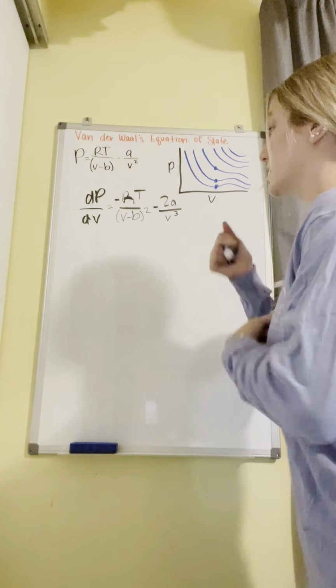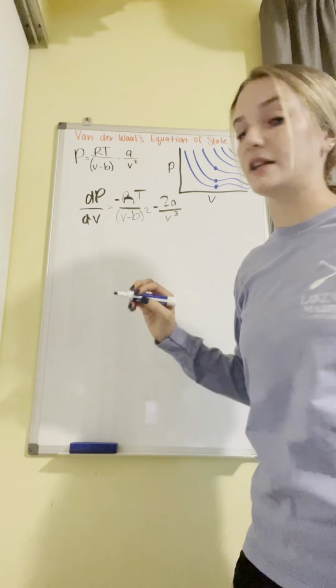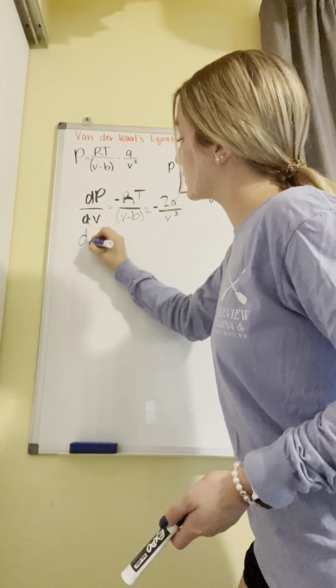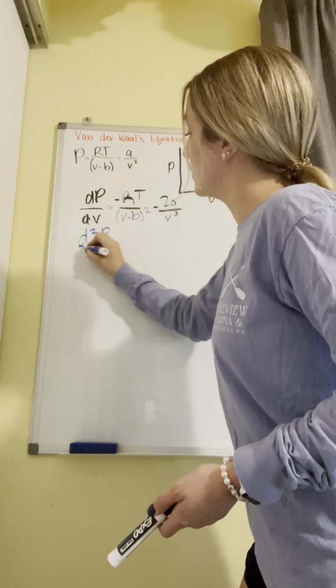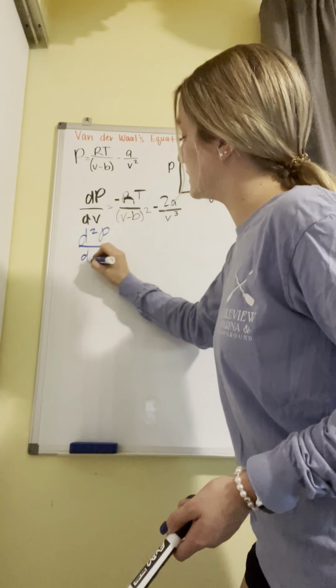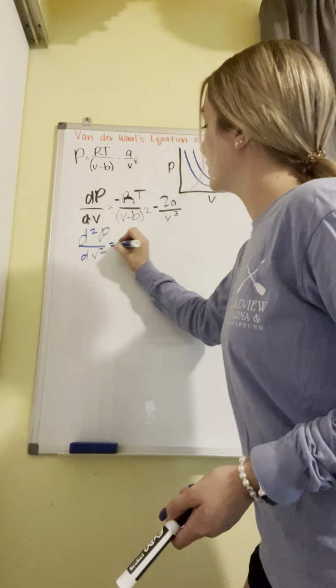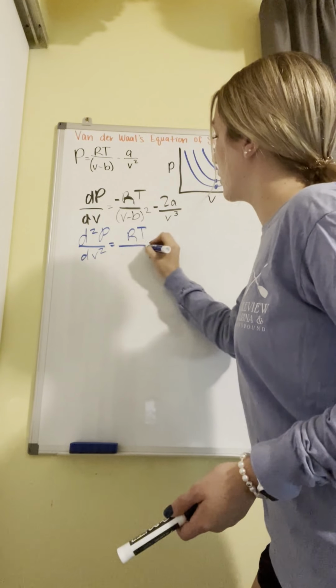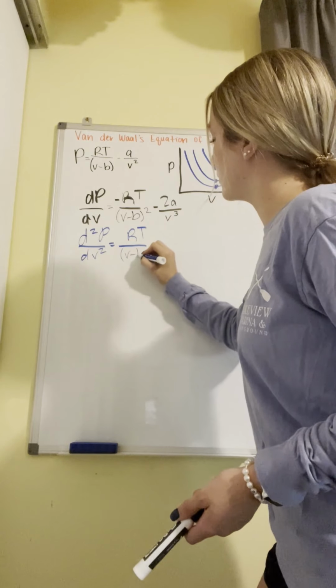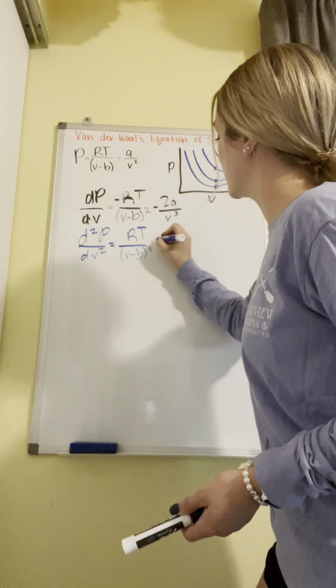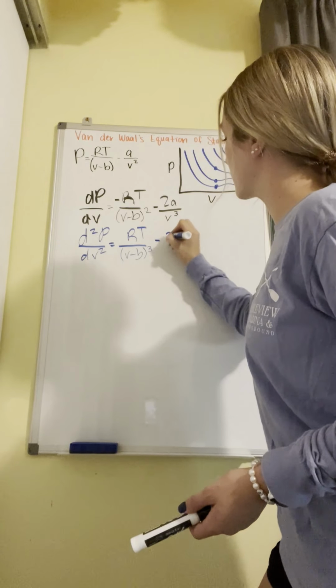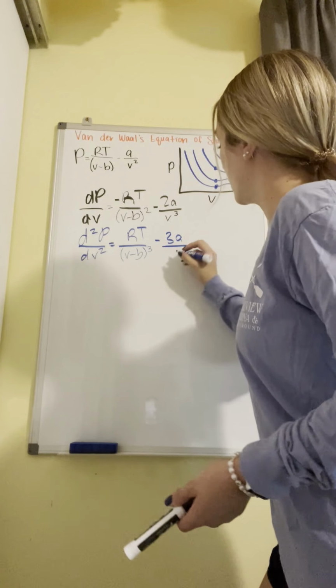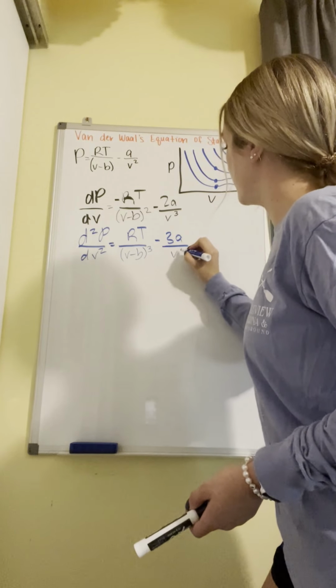Let's do the second derivative now. The second derivative would be d squared P over dV squared. So we are going to have positive RT over V minus B cubed minus 3A over V to the fourth.